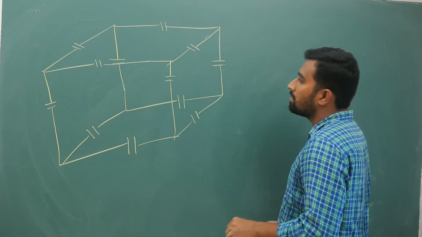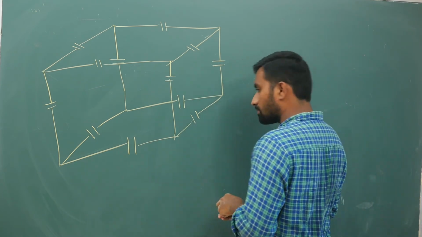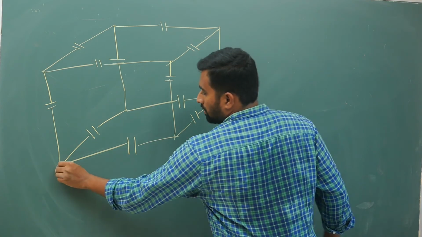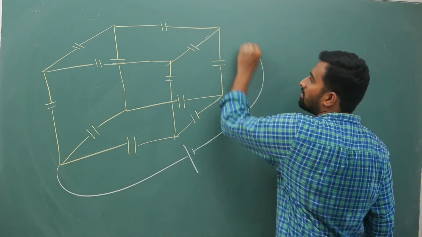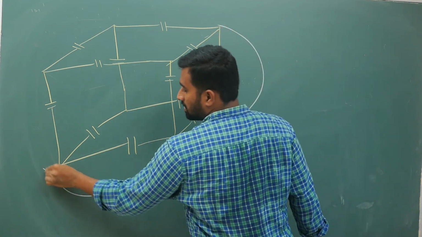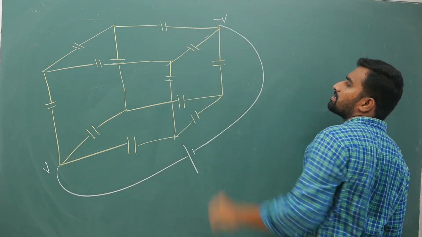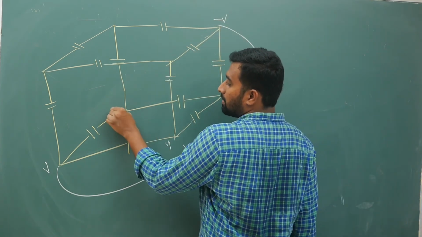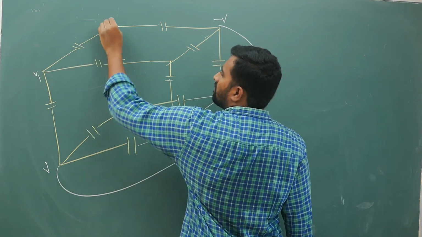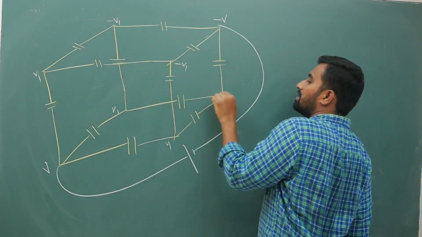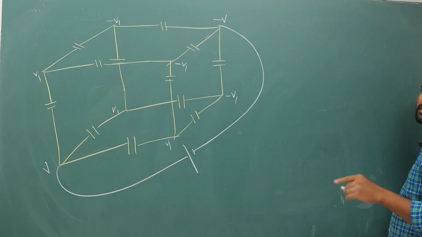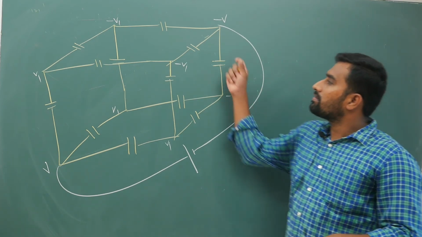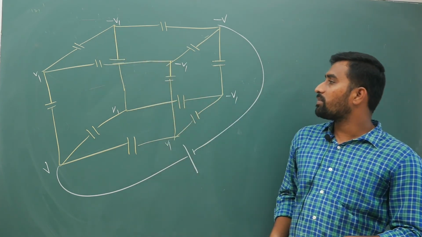Okay, right? So now here, if you connect the terminals of the cell to opposite ends like this, what is your equivalent capacitance? Now the bottom three ends will become plus V1, and the top three ends will become minus V1. From the negative side, all the three that are connected will have potential minus V1.